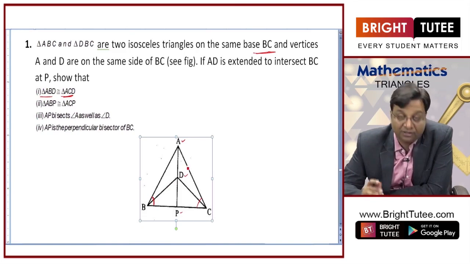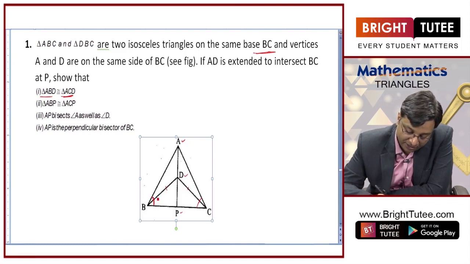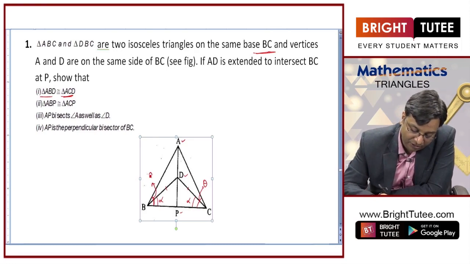Triangle DBC is also an isosceles triangle. So, DB is equal to DC, which means this angle here is equal to this angle, because angles opposite to equal sides are equal. So, if this is theta, this complete angle is also theta.